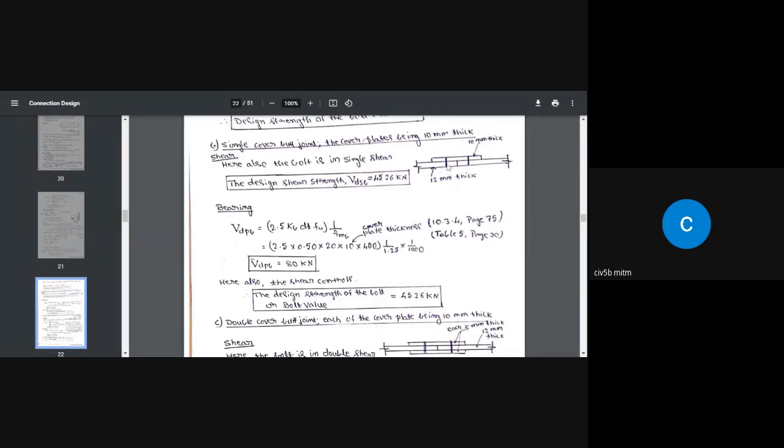One is 10 mm and the other is 12 mm. So when you pull it, this side gets stressed, and when it comes to the cover plate, this side gets stressed. If the bolt fails by bearing, actually this plate fails, because both plates transfer the same force and this one has less thickness, 10 mm compared to 12.